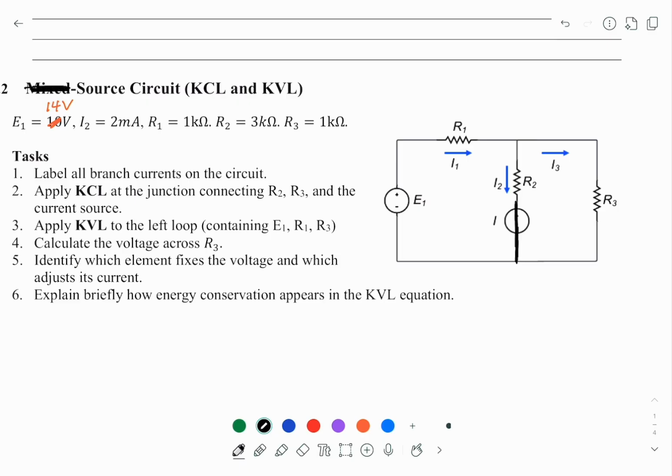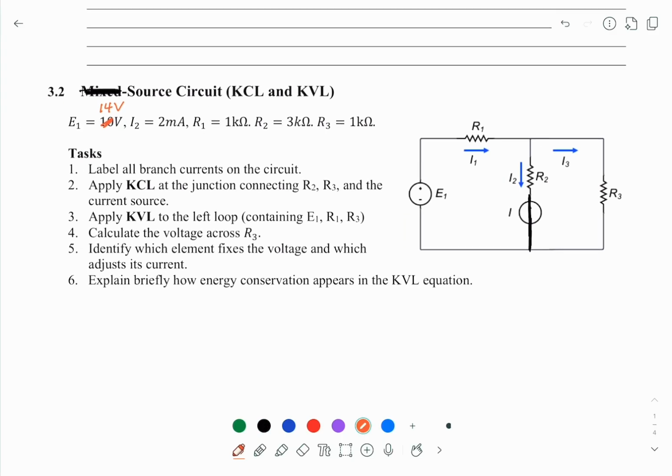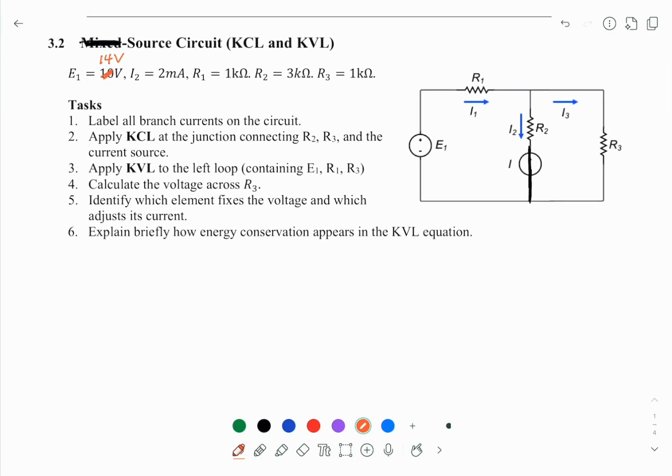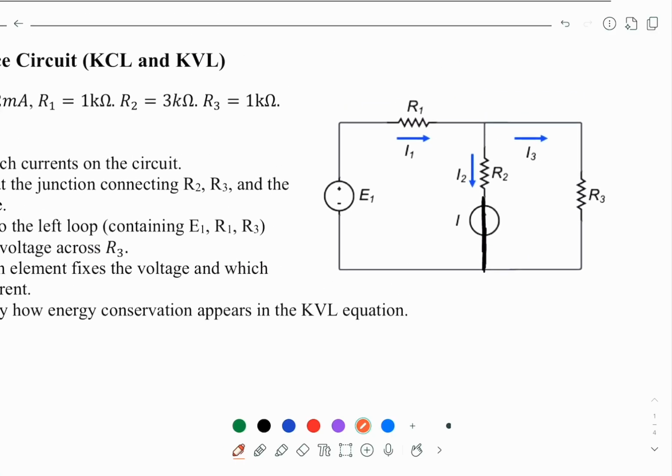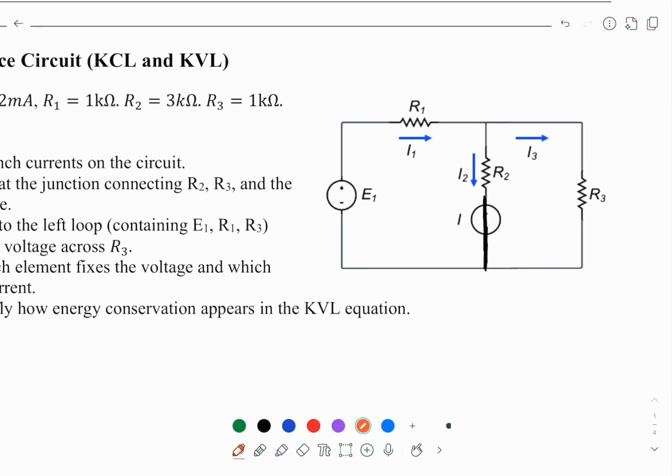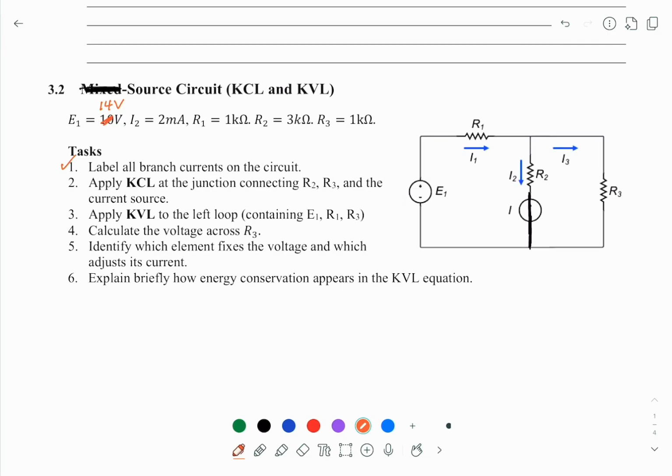Now let's look at number 1. Task number 1. Label all branch currents on the circuit. So here we have I1, I2, and I3. 2. Apply KCL at the junction connecting R2 to R3.